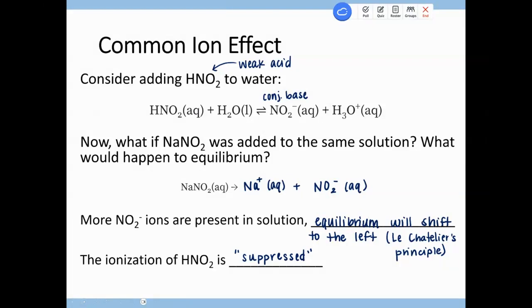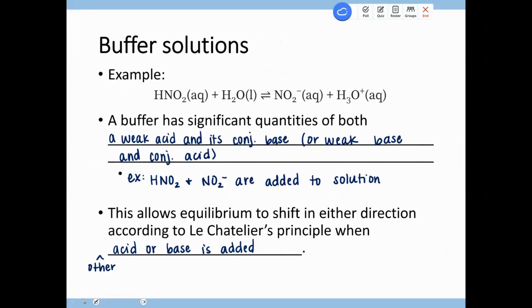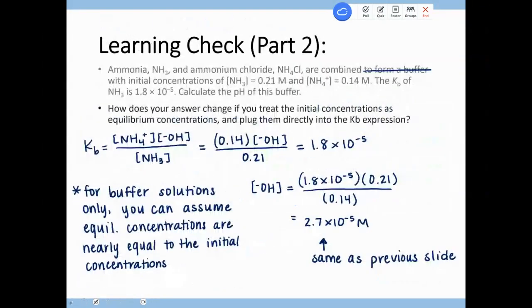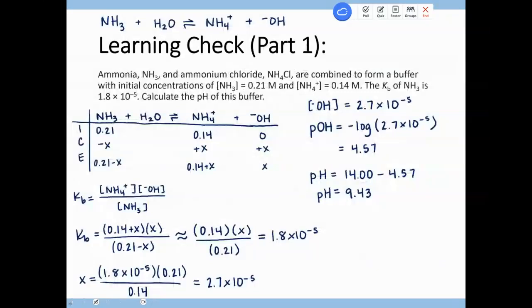And the reason for the problem that we're working on now, we were given Kb, so I kind of skipped over this, but this is good that we're reviewing it. Remember Kb is the K expression for a base added to solution, a weak base. So I put the base as a reactant, and then the conjugate acid as a product.